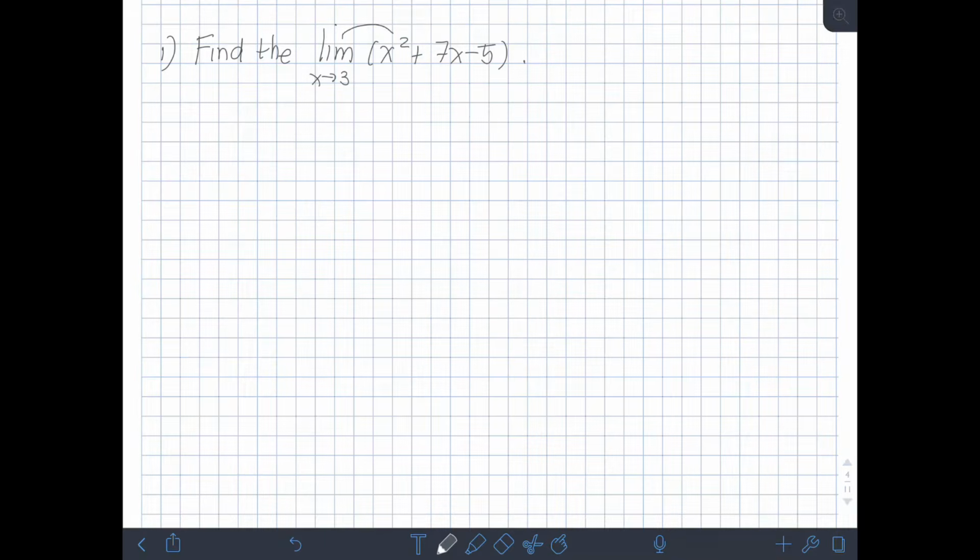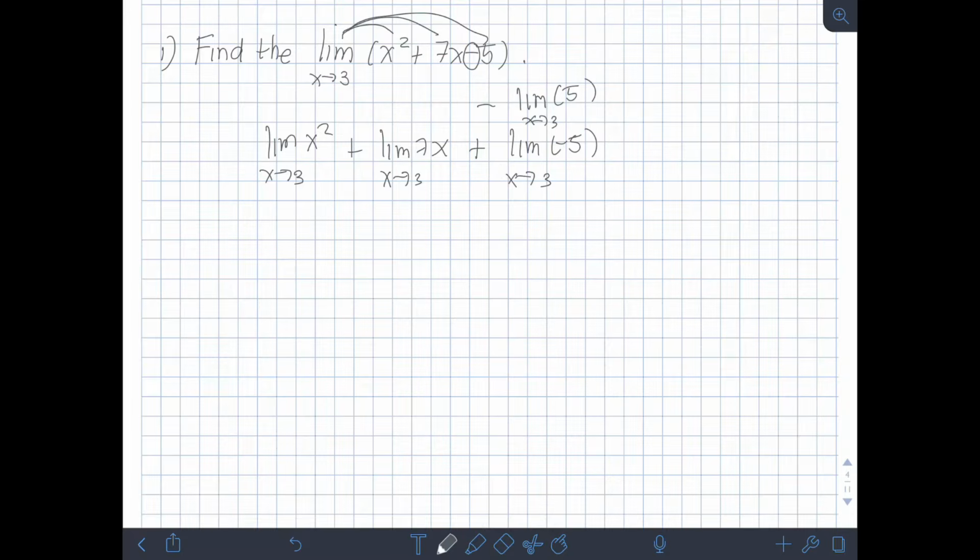So, pwede natin i-distribute itong limit sa bawat term. So, parang limit of x squared as x approaches 3 plus limit of 7x as x approaches 3 minus limit of 5 as x approaches 3. So, kinonsider ko na agad na minus yung operation.